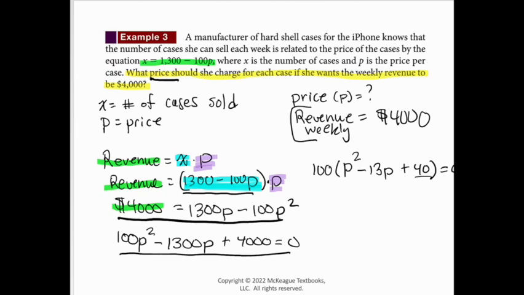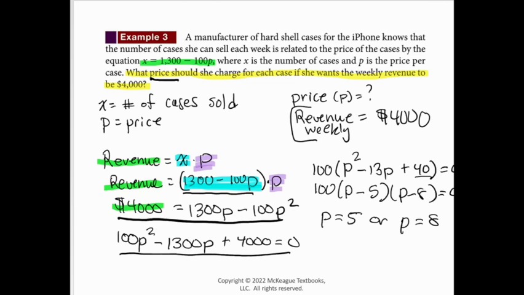Now I've got to think about what are factors of 40 that would multiply to give me positive 40, but add to give me a negative 13. So you're going to have p minus 5 and p minus 8. So my price is going to be 5, or my price is going to be 8.